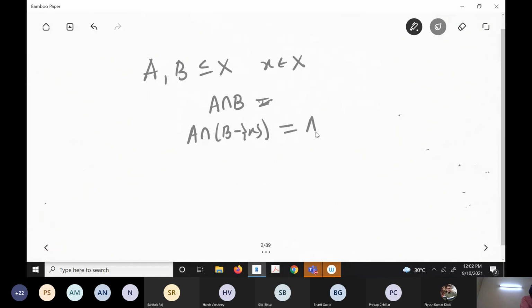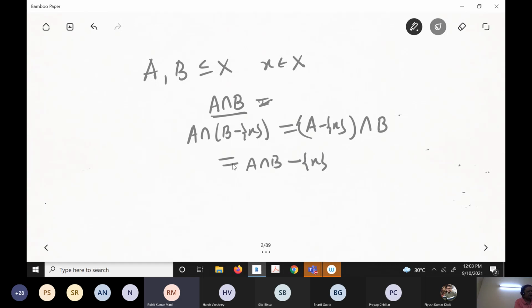The idea is that x may or may not belong to the intersection A intersection B, but if I write it this way, x is excluded.